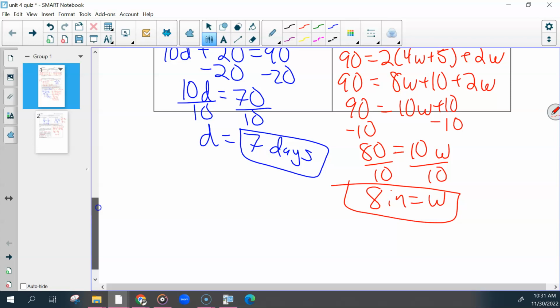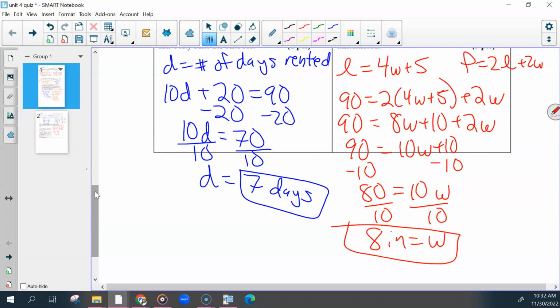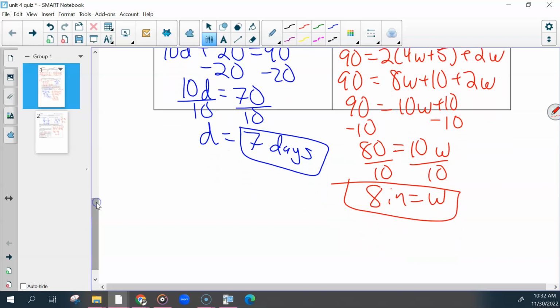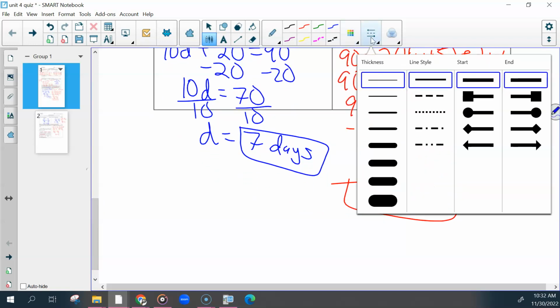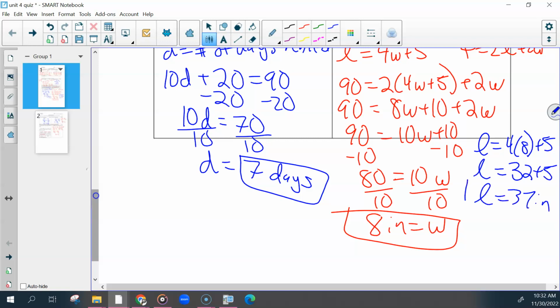Finding your perimeter equation and putting all the pieces in was worth 1 point. Finding your length equation was worth 1 point. And then finding your length was worth 1 point. So length should have been 37 inches. Questions on that one?